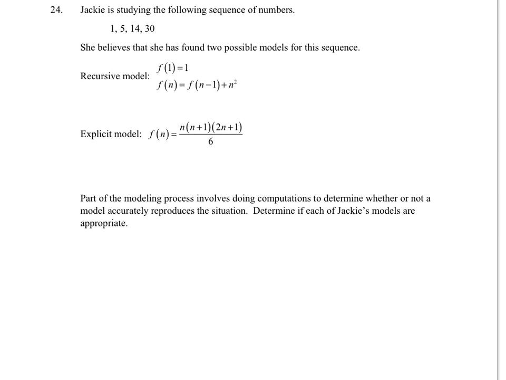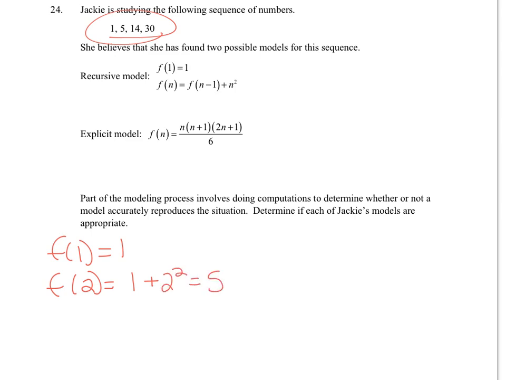Okay, so for 34, we have to check both of her models. We have to check it for every piece of data up here, so all 4 numbers. So f of 1 is 1, so that means f of 2, the second term, is the term before plus 2 squared.